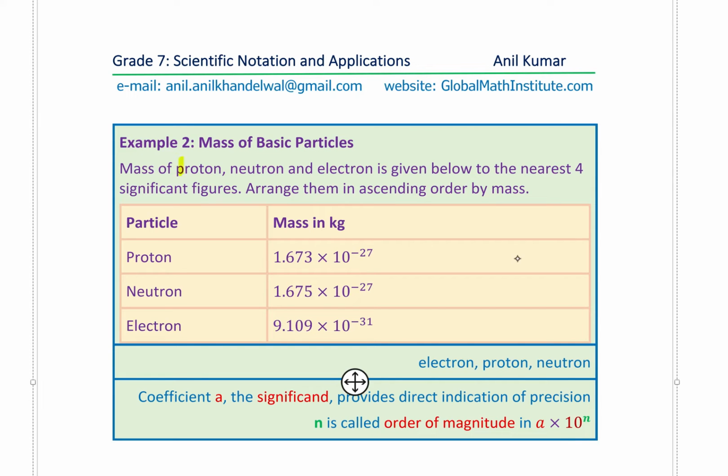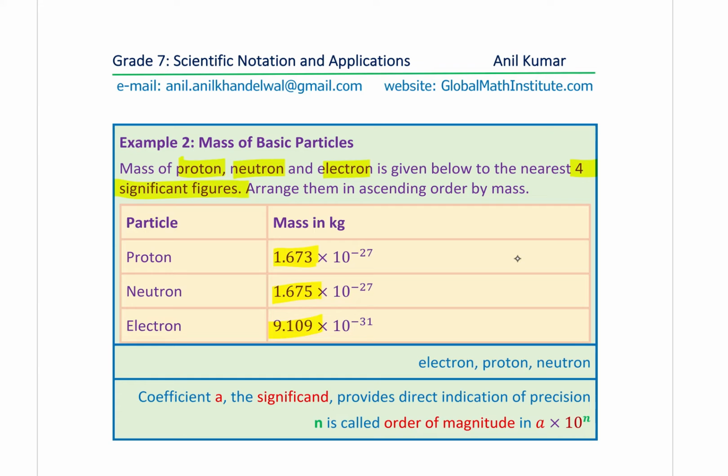So the example here is the mass of proton, neutron and electron, given below to the nearest four significant figures. When I say four significant figures, you can observe here these are four numbers written in scientific notation. These are A values, where the part A is a number between 1 and 10, greater than or equal to 1, less than 10.